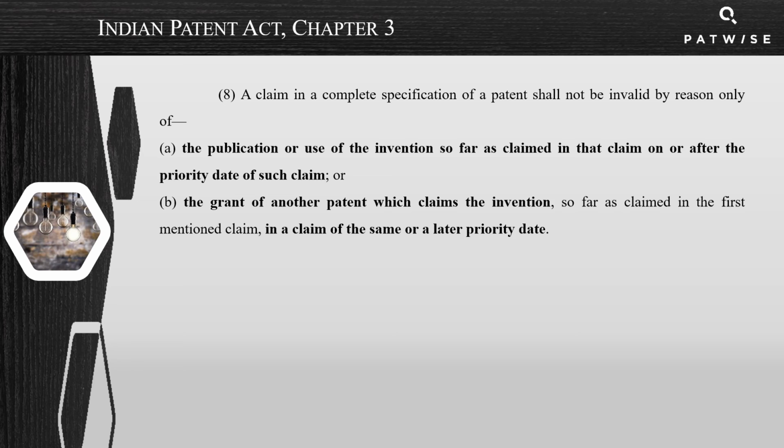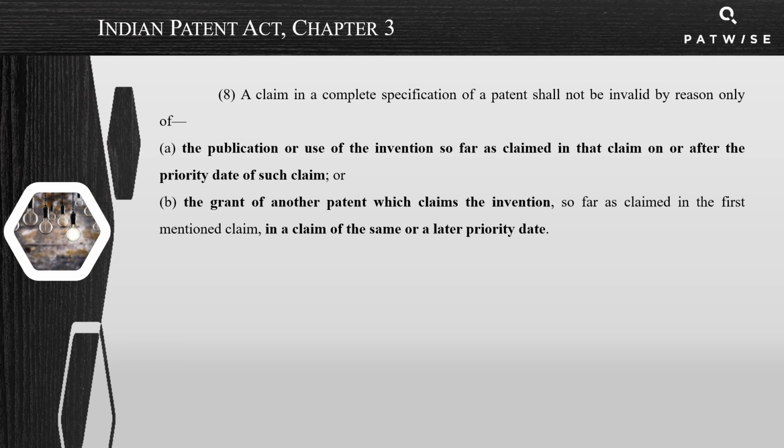Now, just because a priority date has been identified, this subsection says a claim in a complete specification shall not be invalid only by reason of two scenarios. One, if there has been a publication or if the invention is used in the market after the priority date. Or two, there has been another patent that is granted which also claims the same invention on a later priority date.